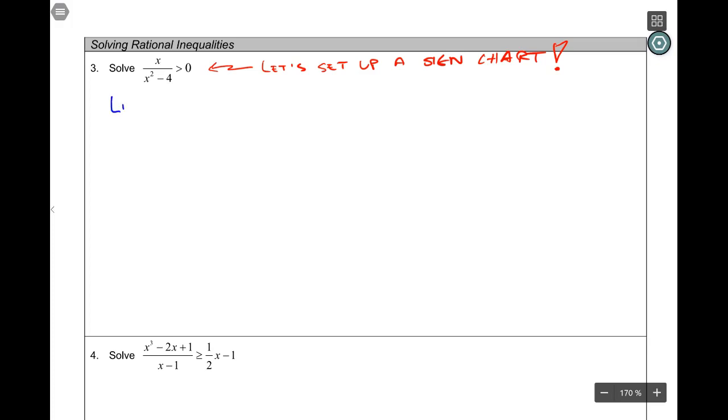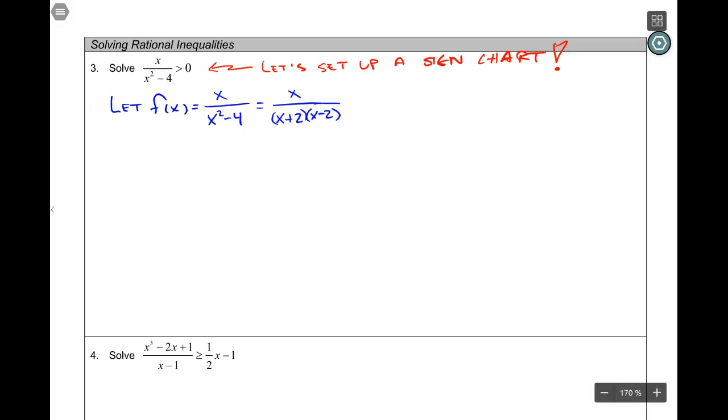I'm going to say let f of x equal the left-hand side of this inequality, which is x over x squared minus 4, which I can rewrite as x over x plus 2 times x minus 2. That's the factoring out the perfect difference of two squares there.